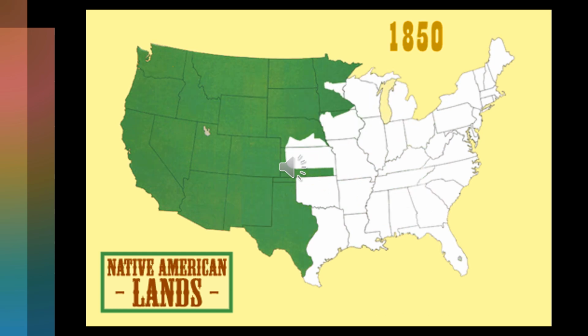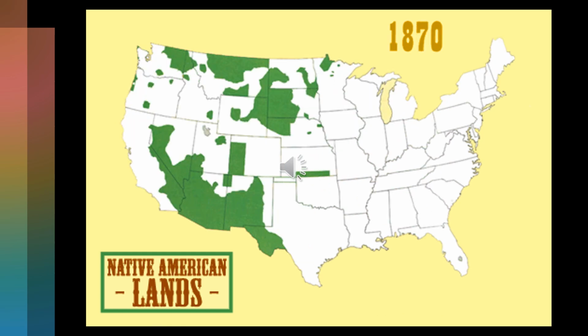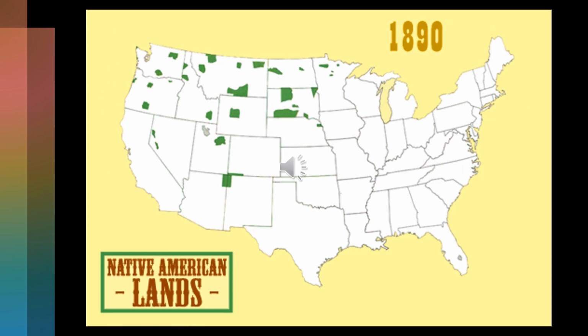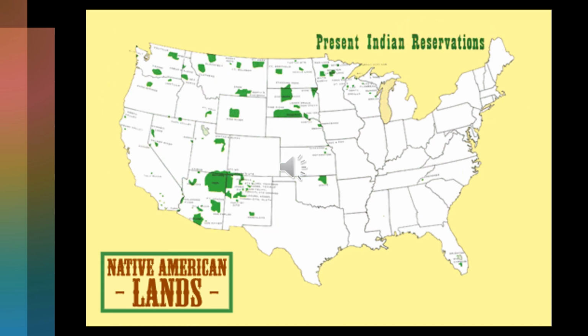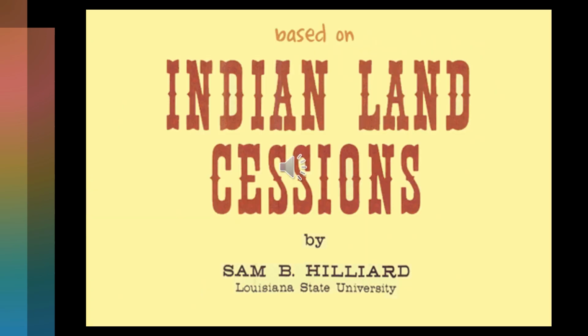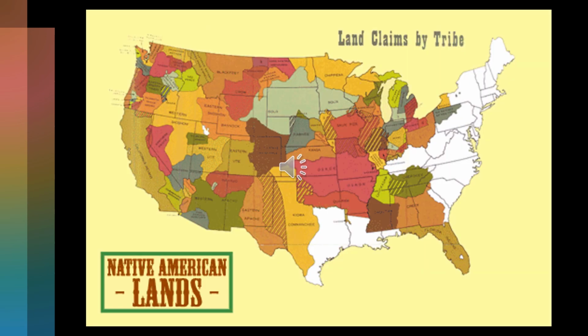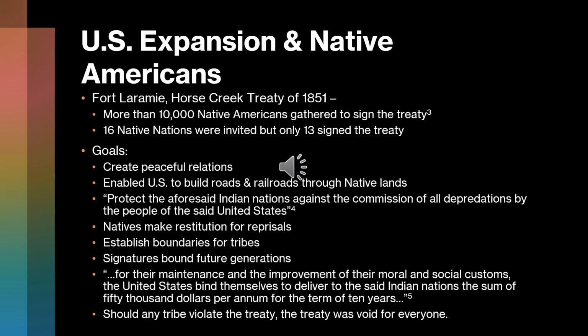And you can see by the end of the presentation here, Native Americans were largely reduced to minor pockets of land that were frequently not of great quality. As Americans moved west, they frequently encountered Native Americans of different tribes, and things were hostile often.